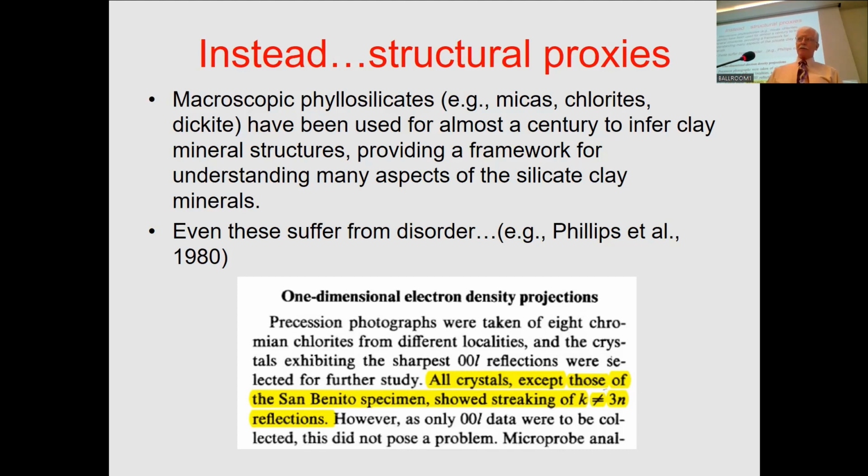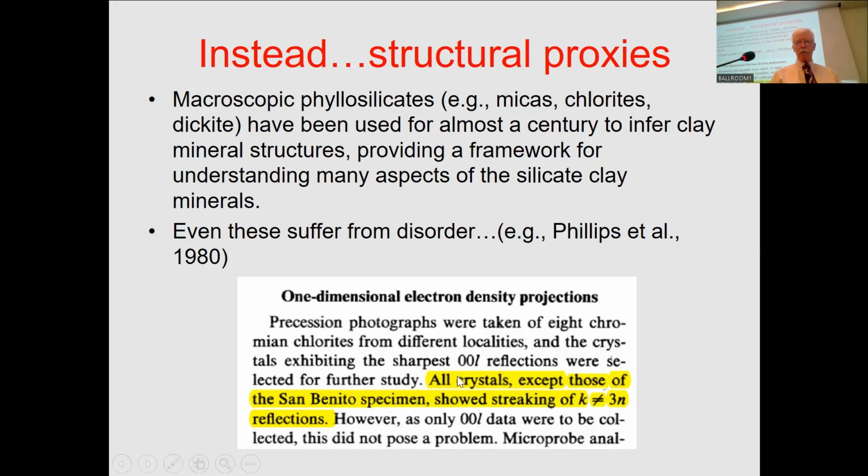It's interesting, we refer to a lot of the work, for example, of Professor Bailey on kaolinites, but I remember well reading his papers when I was a student, and I focused on one here, but even these macroscopic examples are disordered.